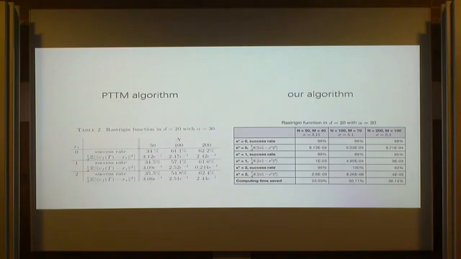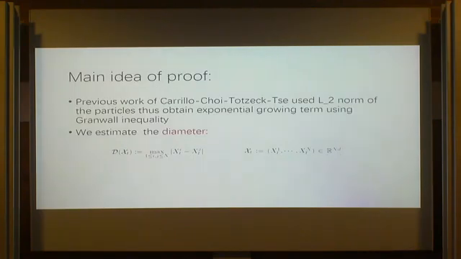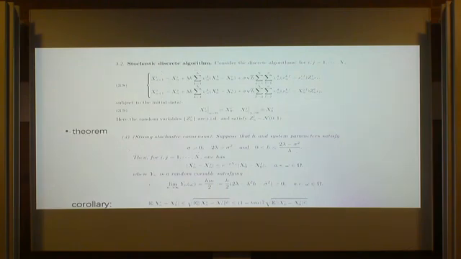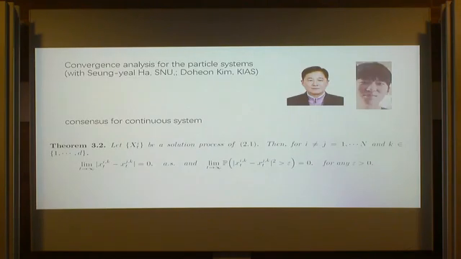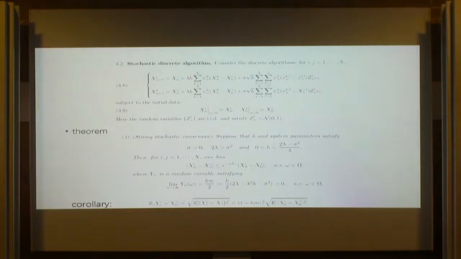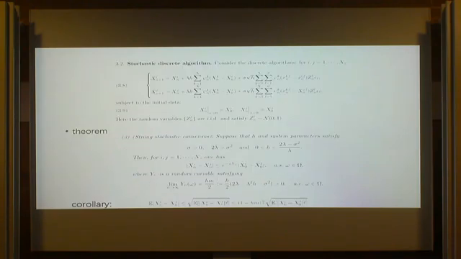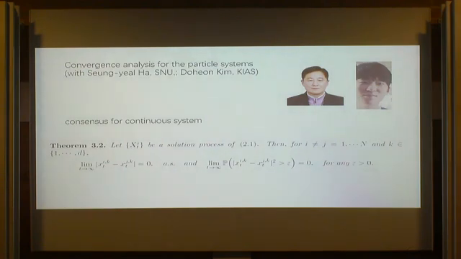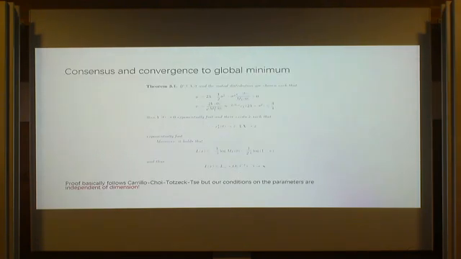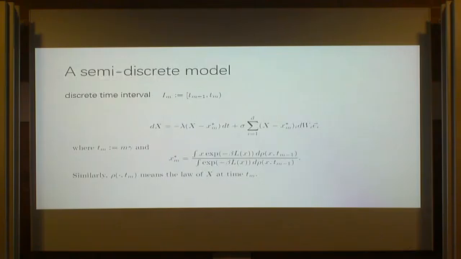So in our theorem, actually, we did prove the variance goes to 0. The variance should depend on the dimension. Remember, I defined the variance. The variance actually goes to 0.